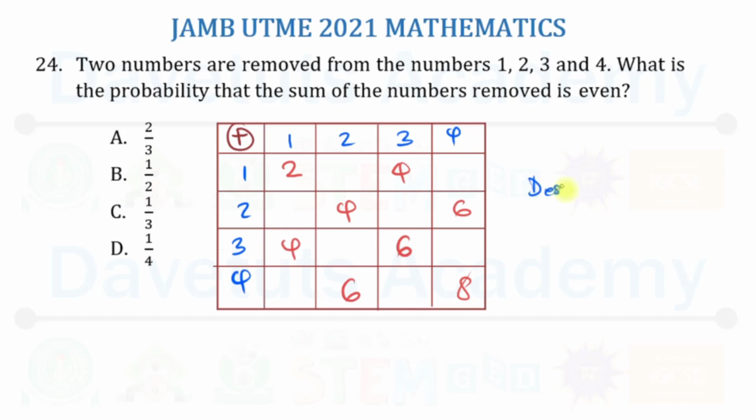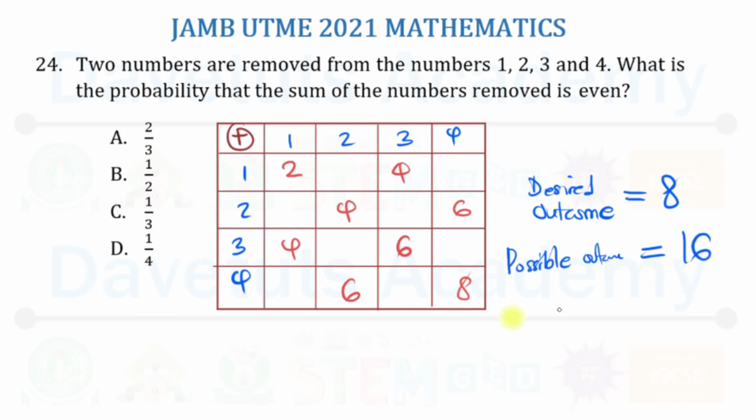So in this particular question, the desired outcome, and that outcome is talking about even numbers, is 8. Our possible outcomes, total possible outcomes that we can have, here in this case is 4 times 4, that is 16. So the probability of getting even number is nothing but 8 over 16, and 8 over 16 will be 1 over 2.